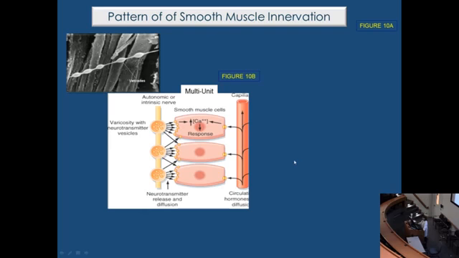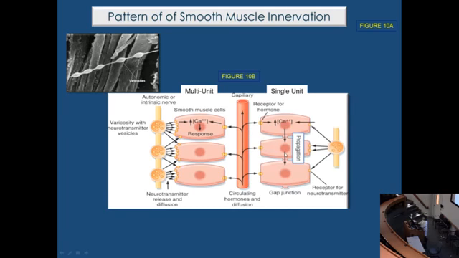This is a situation quite different in the single unit. Remember, we said that because of the presence of the gap junctions, and because some of these cells we just saw are self-excitable, they have spontaneous electrical activity.